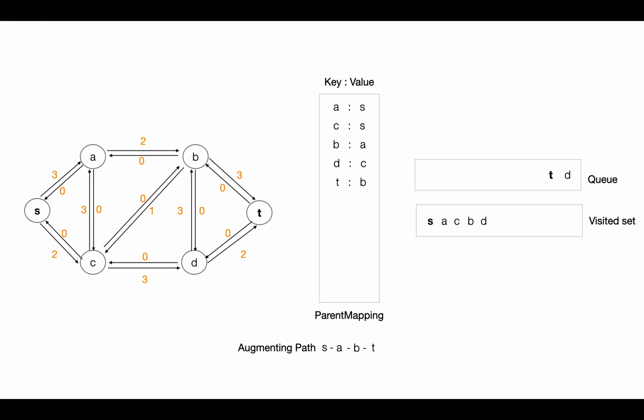Now the next step is to get the bottleneck capacity. The minimum capacity that this path is having is 2. So we are going to increase the flow by 2 in this path. So we are going to set 2 as the current flow for this path and also as the max flow for the complete network for now.